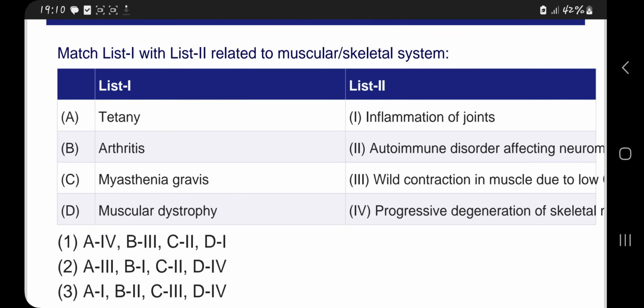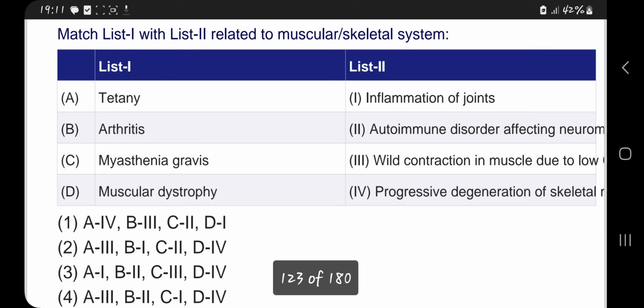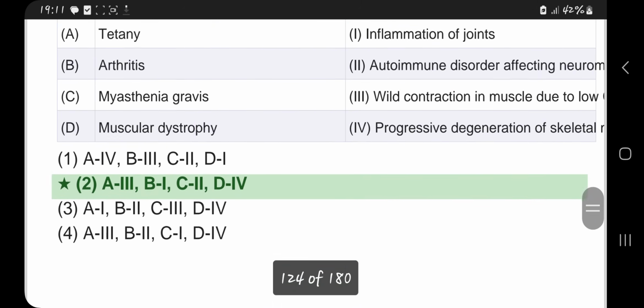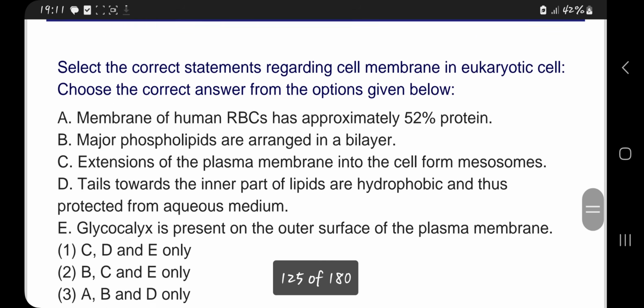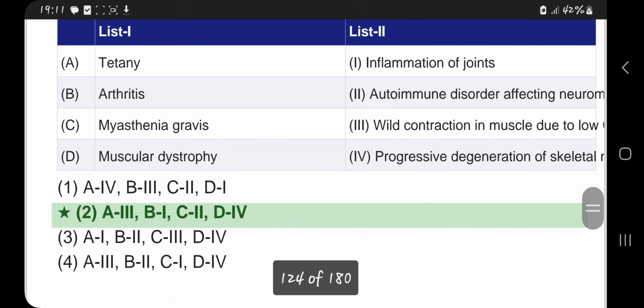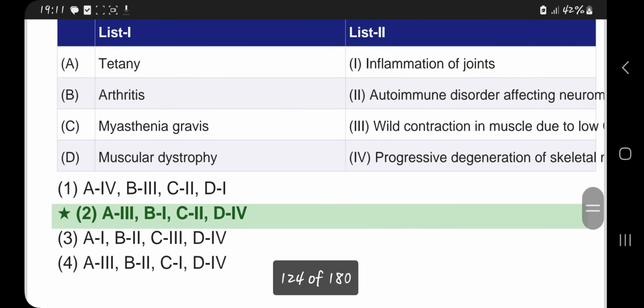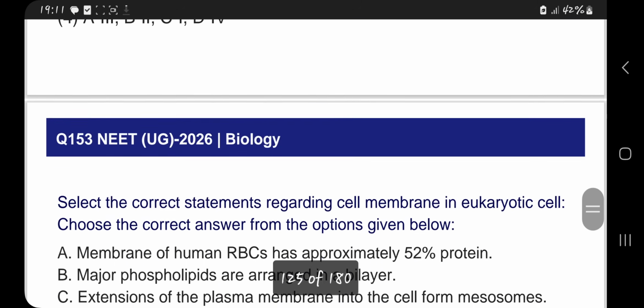D is muscular dystrophy, progressive degeneration of skeletal muscles. So A3, B1, C2, D4. Second one is the correct answer. Select this as the correct answer. A3, tetany, wild contraction in muscle. Then B1 is arthritis, inflammation of joints. Myasthenia gravis is autoimmune disorder. Muscular dystrophy is progressive degeneration of skeletal muscles.